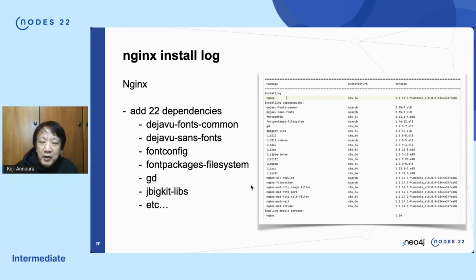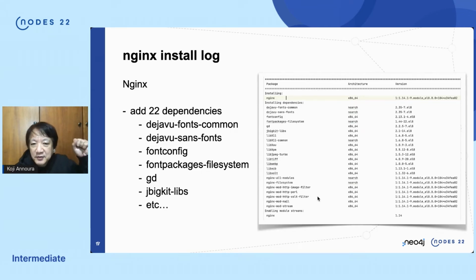Are you familiar with Linux? Like the Red Hat family. Okay, this is the Nginx install log on my screen. Nginx is installing here, and installing dependencies here: 22 dependencies installed at this time.